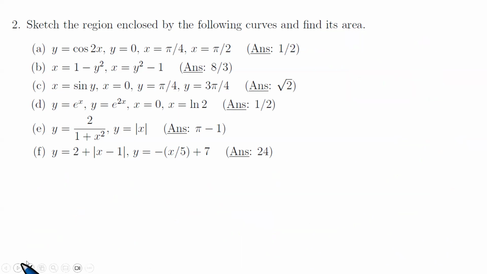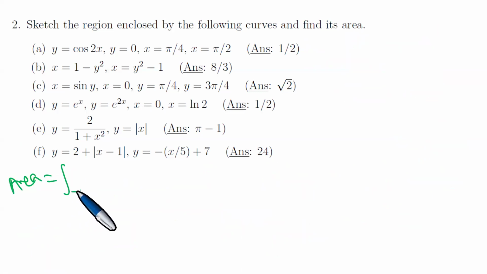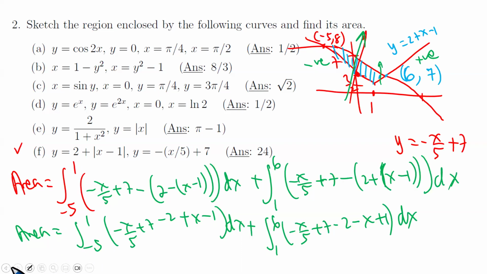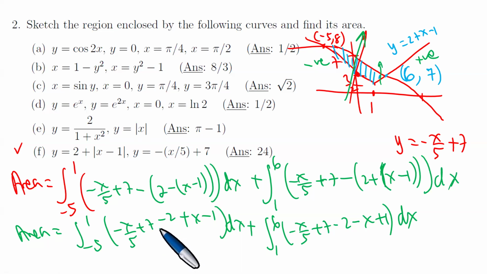So now you need the area, which is exactly minus 5 to 1. Right, so you have exactly 5x minus x, which is 4x over 5. 7 minus 3 is a 4.